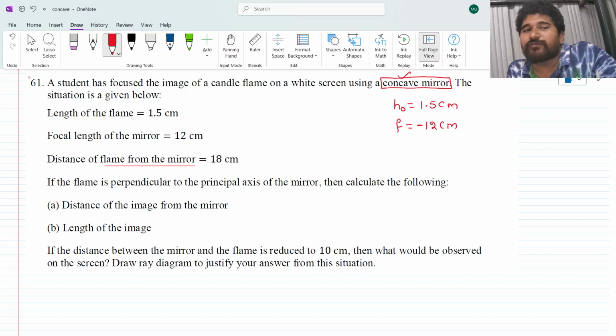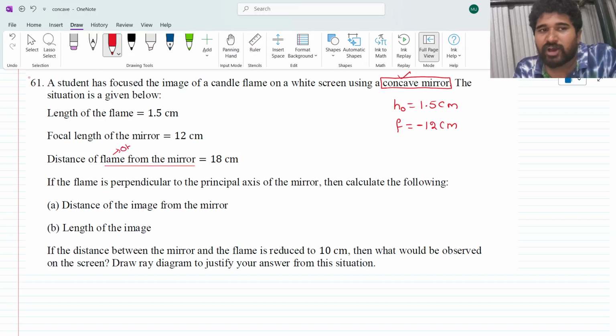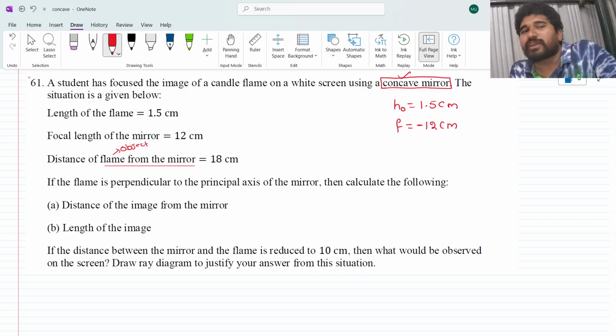Flame is our object, so that means object distance from the mirror, nothing but U. U is equal to 18, but U should always be minus.